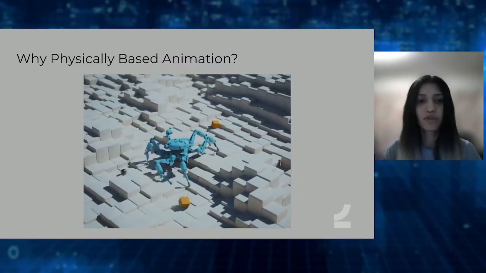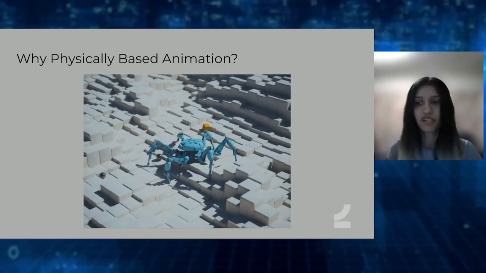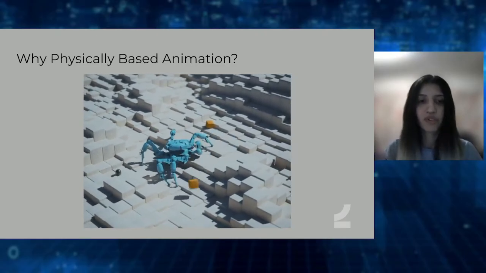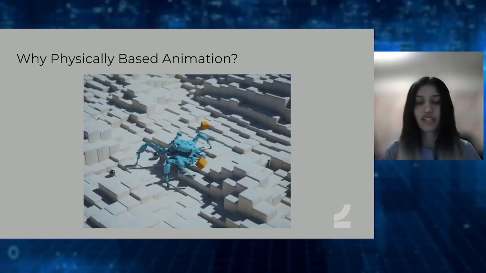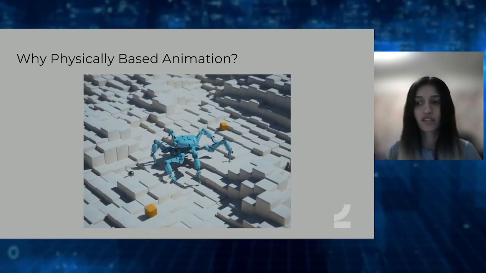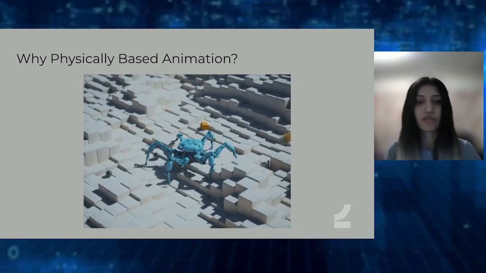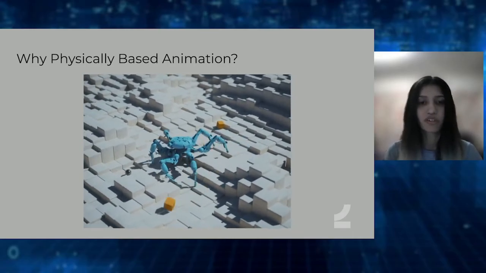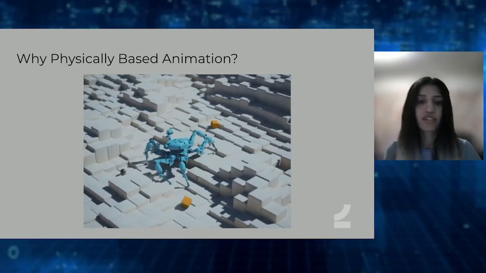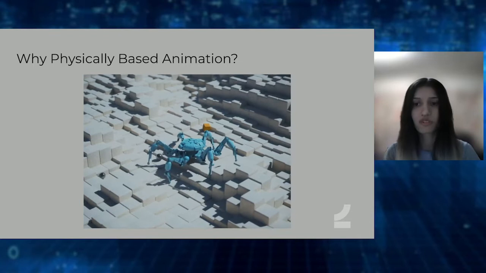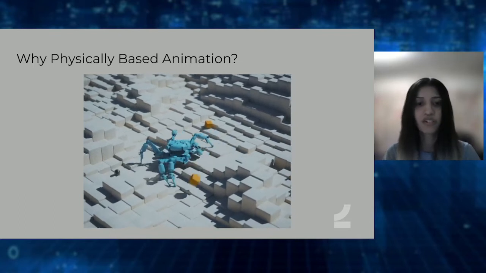And so you might be wondering, why do we use physically based animation? Our main motivation for using this was that, as Nora mentioned, animating can be a tedious process and you need a lot of expertise. And we really wanted to automate this process to allow everyone to animate their characters. The other motivation being that we as humans are really good at telling how the objects around us should move.